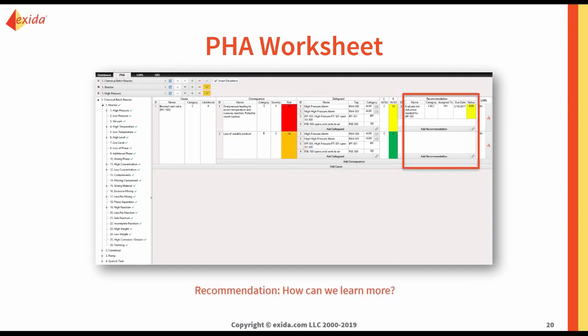How can we learn more? If it seems like we're really not sufficient in our safeguards, what can we do to determine what more could be done? These can be evaluations, these can be calculations. You might want to write extra procedures, things like this. So you want to document recommendations, assign them to somebody, give them due dates, and address them as soon as possible.